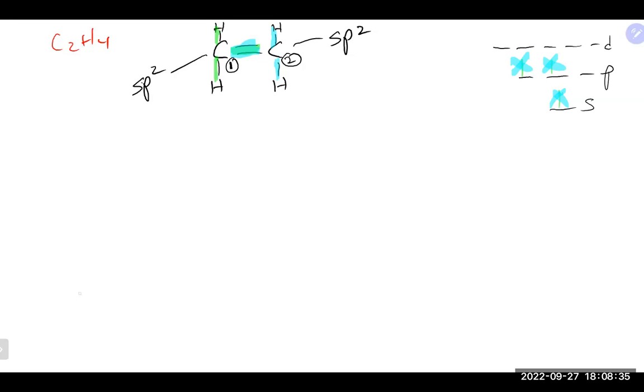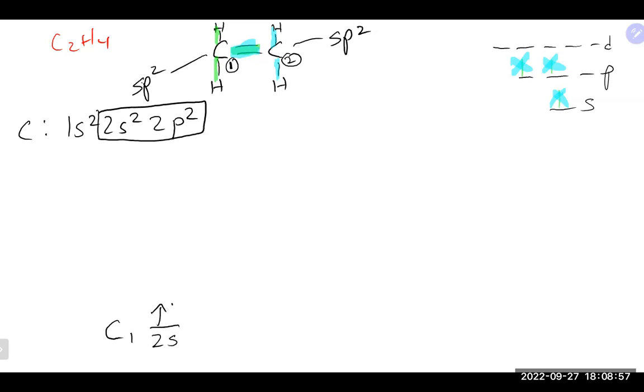So for example, we have a carbon that has 1s2, 2s2, and what do we have there? 2p2. So we have our 4 valence electrons for carbon. So carbon number 1 has our 2s electrons and our 2p electrons here and here. We're going to get the promotion that's going to come up to here.